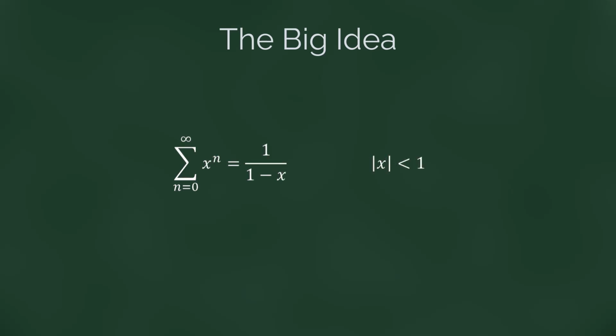In that case, the sum from n equals 0 to infinity of x to the n is going to equal 1 over 1 minus x, as long as x is between -1 and 1. In other words, its absolute value is less than 1. This then tells us that the function f of x equals 1 over 1 minus x is the same thing as the series, the sum from n equals 0 to infinity of x to the n, for all values of x between -1 and 1.